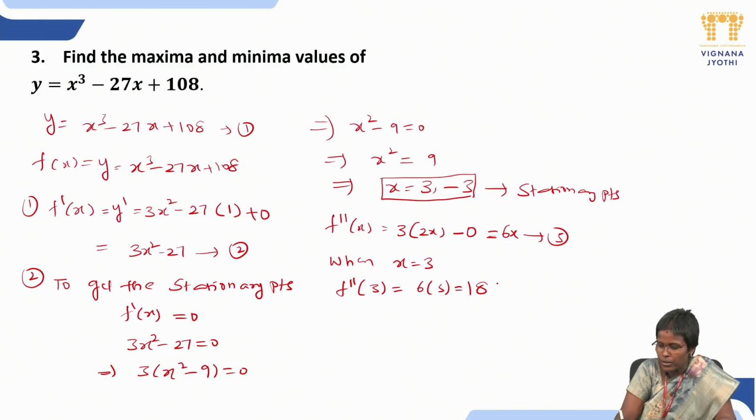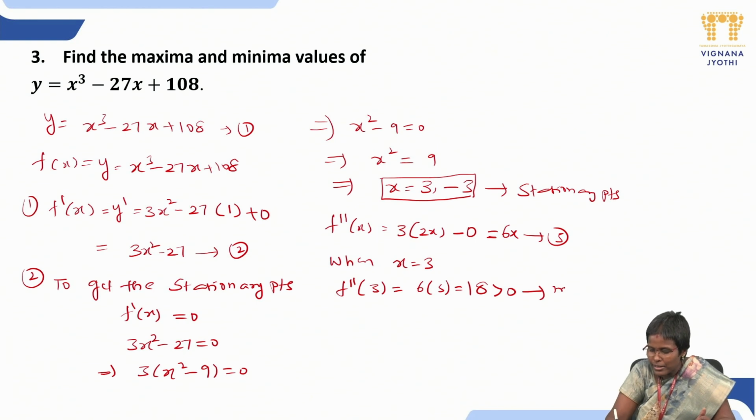Is it positive or negative? We get a positive value. So then what can we say? If we get a positive value in the second derivative, then the function is going to have a minimum value at x = 3.